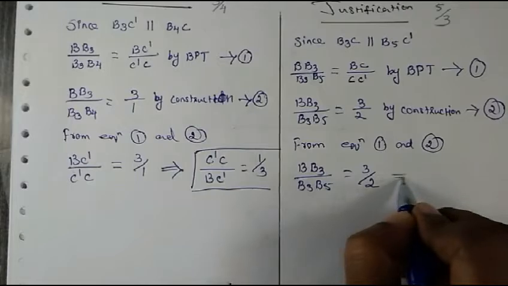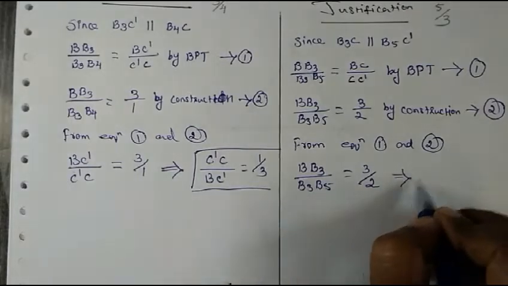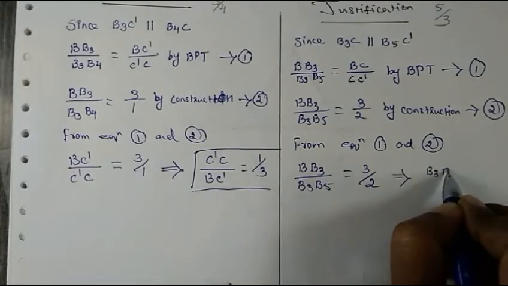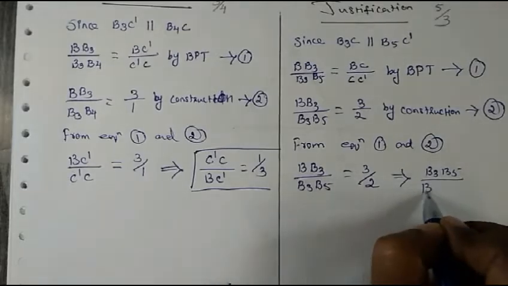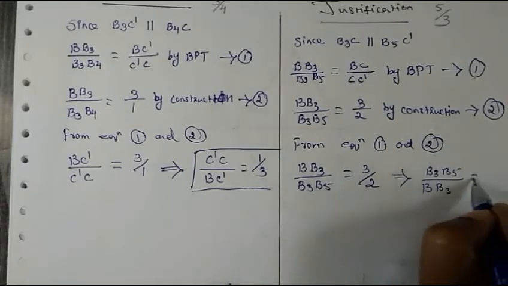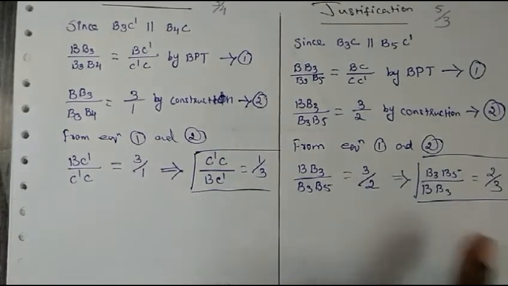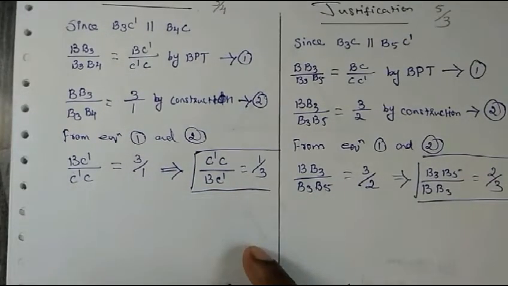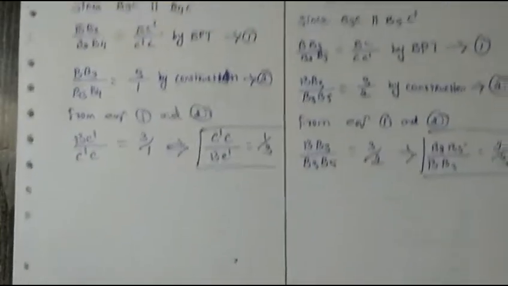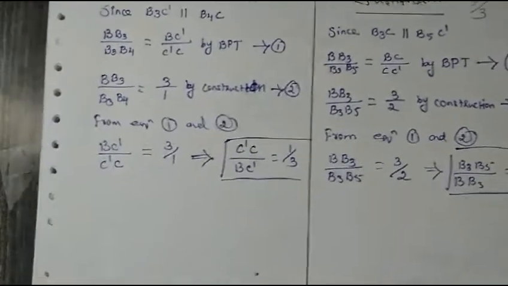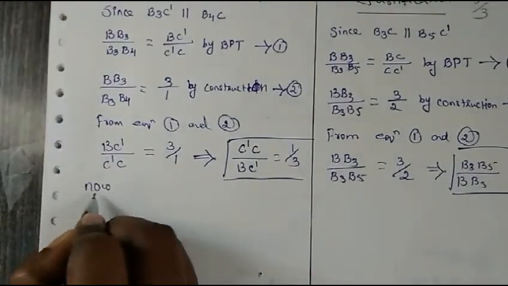Okay. Same way here also you write the reciprocal. So this will come up B3 and B5, B3 2 upon 3. Okay. If you don't write it also, later on you will have to write it only. Okay. Up to here, is it clear to you?